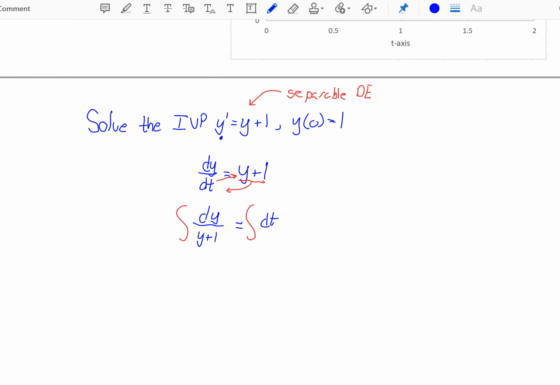Of course, on the left, this is technically a u substitution problem, but I think of this very similarly to the integral of 1 over x dx, which we know is just the natural log of x. So the similarity makes me think this left-hand side is going to be the natural log of the absolute value of y plus 1.